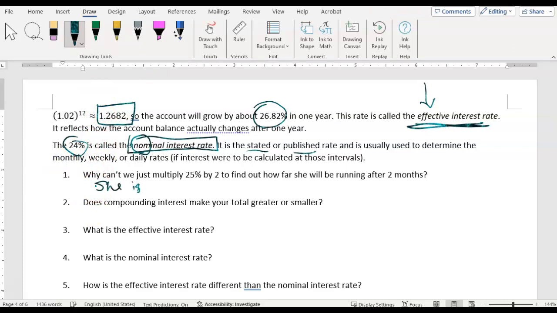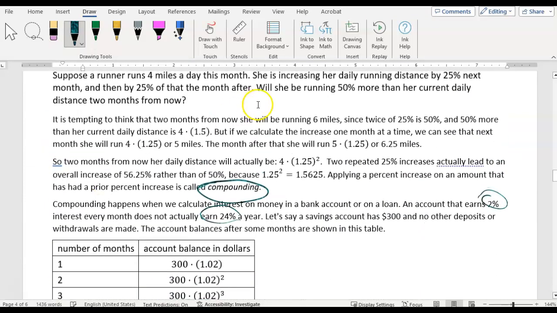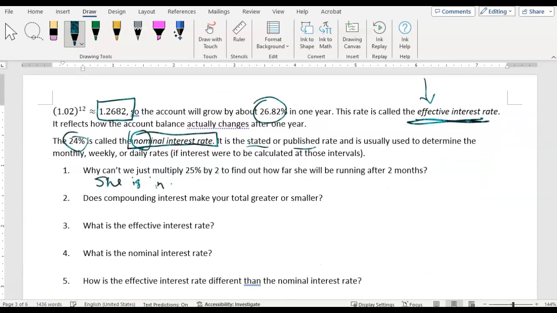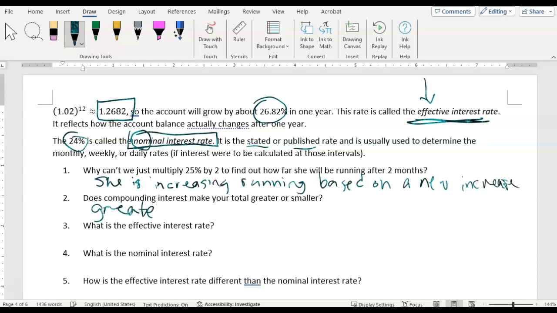She is increasing her running based on a new increase. And then, does compounding interest make your total greater or smaller? It makes your total greater. So whether it's greater that you owe or greater that you're getting, the compounded interest makes the overall amount greater.